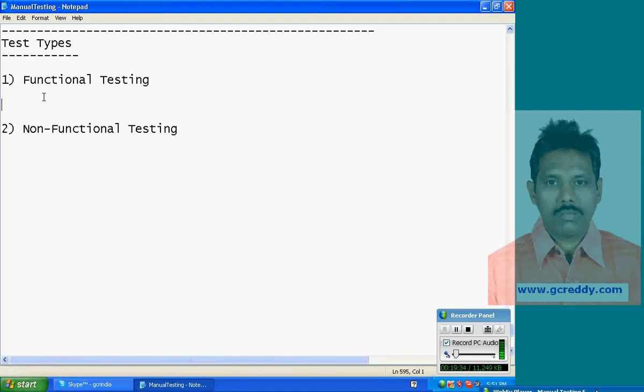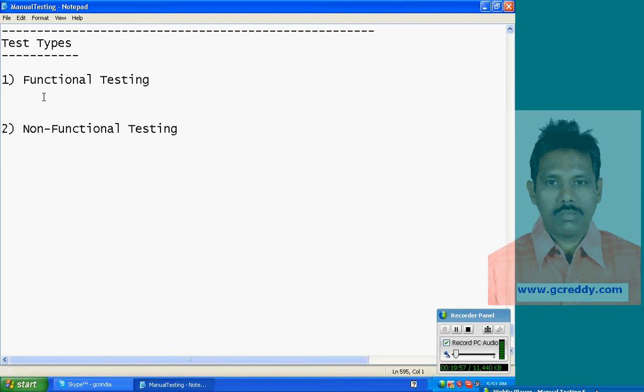See, testers may vary from one level to another. If it is component testing, testers are developers. If it is system testing, testers are independent testers. If it is acceptance testing, testers are end users.